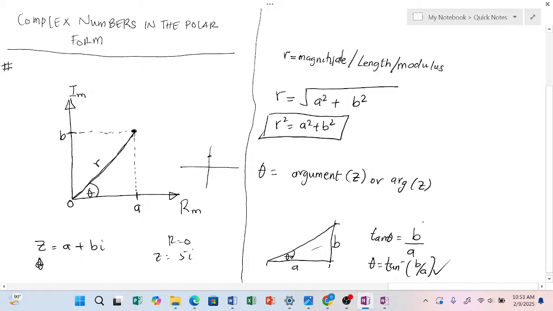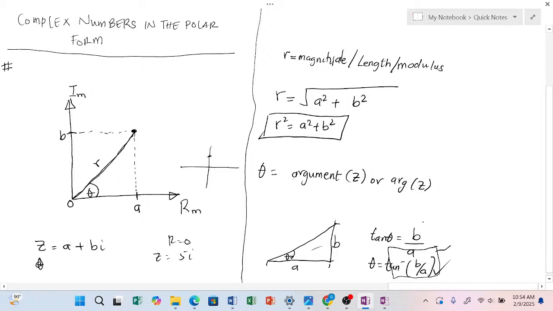But if you are smart, you know that tan of 90 does not exist. So anything that will make this equation not exist, it means that the angle is what? 90. You get it?